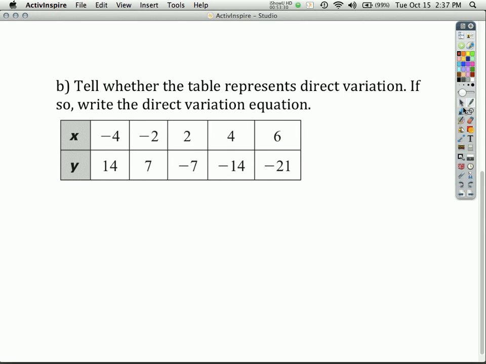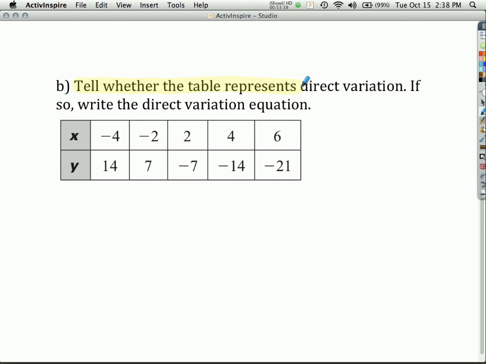This question is different than the rest because this is the first time we are being asked to tell whether something is a direct variation. All of the other questions, we were told first that it was a direct variation and then we were asked to proceed from there. This time we're given some data and we're asked to figure out if it's a direct variation.